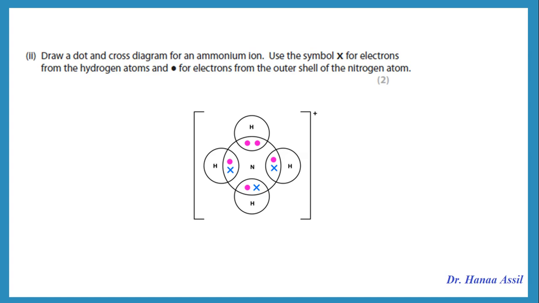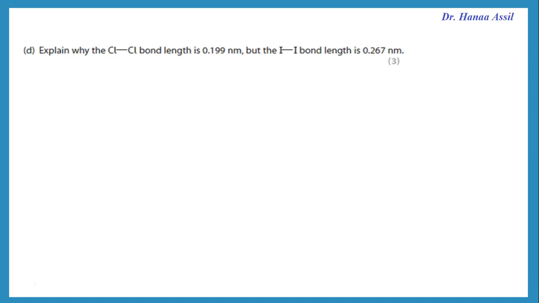And then one of the hydrogens is a dative bond with nitrogen, in which both bonding electrons come from the nitrogen, so both of them in this case are dots. Of course, don't forget the overall positive charge. The ammonium ion has an overall positive charge.